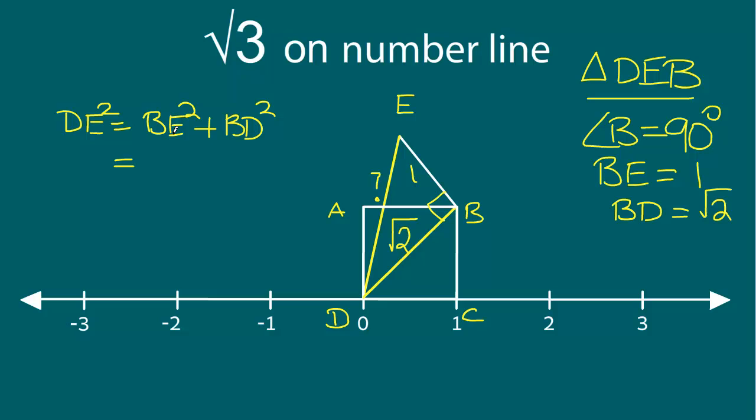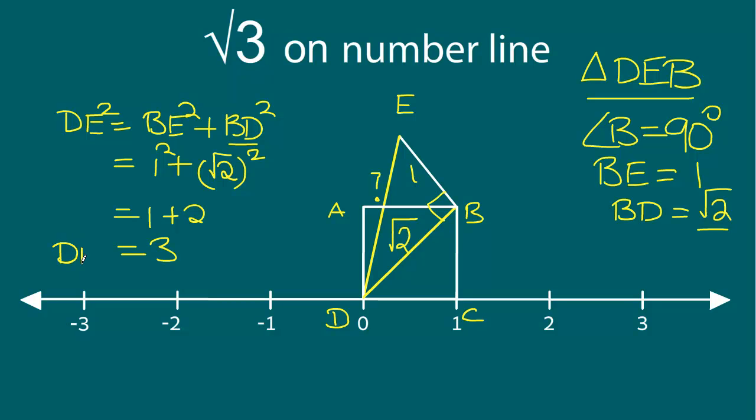Now what is BE? Well, BE is 1 unit that we know by construction. So this will be 1 square. And what is BD? Well, we know BD is square root 2. So this will be square root 2 square, right? Or 1 square is 1 and square root 2 times square root 2 is 2. So what we have here is DE square is 3.